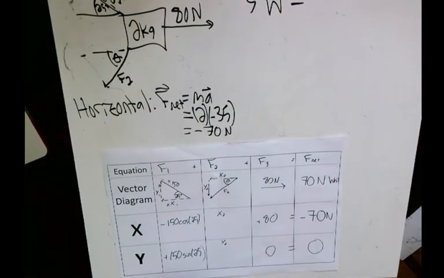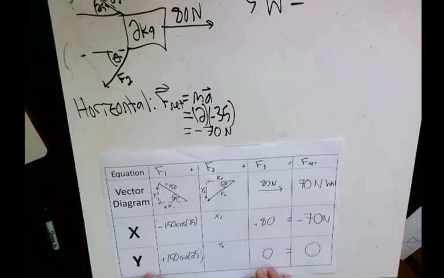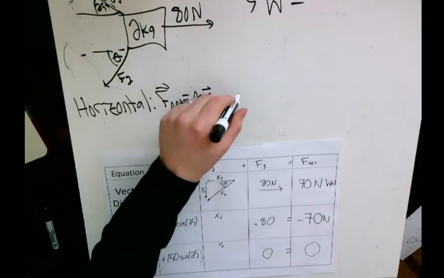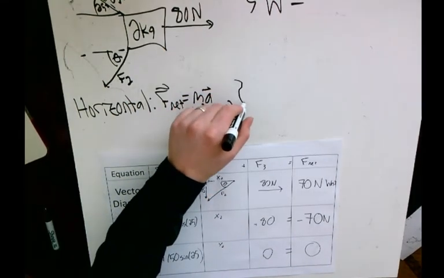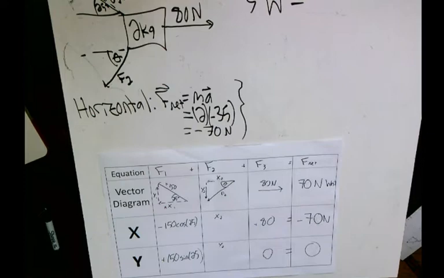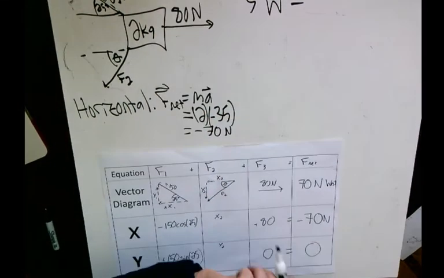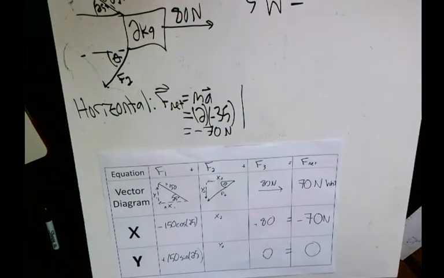So we have these equations set up. Let's start with the horizontal. I'm going to separate it, but we're still looking at the horizontal component.